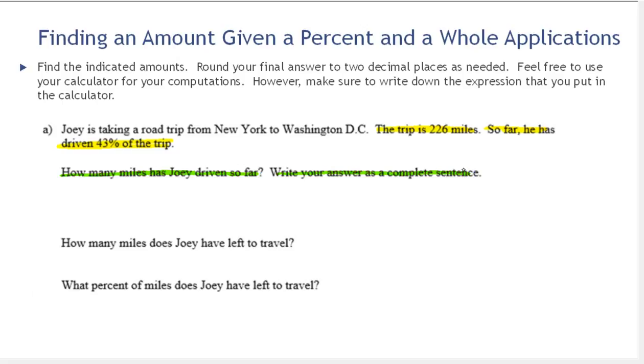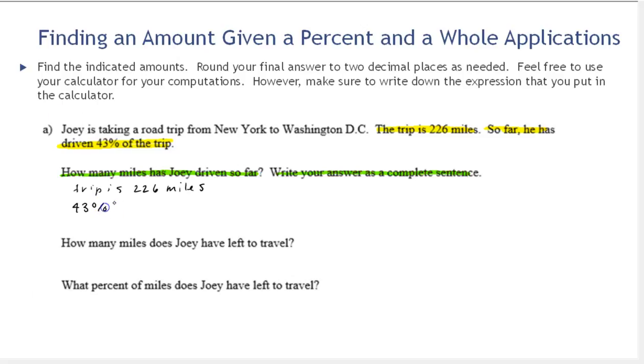Okay, so notice what we're finding is that the whole trip is 226 miles. And it says he has driven 43% of the trip.